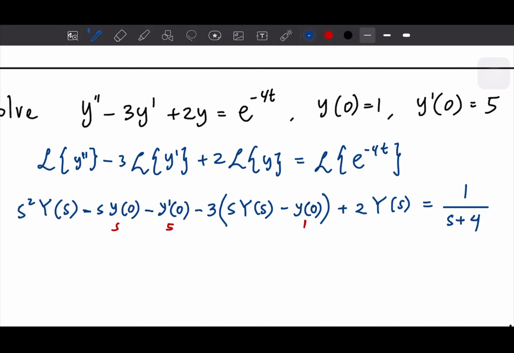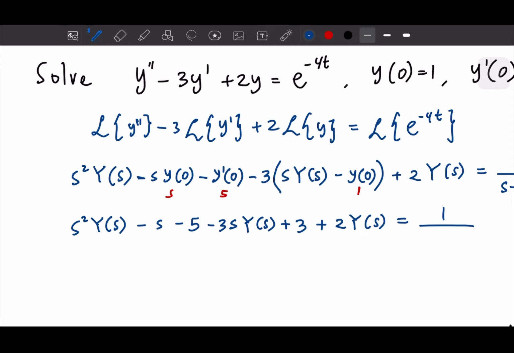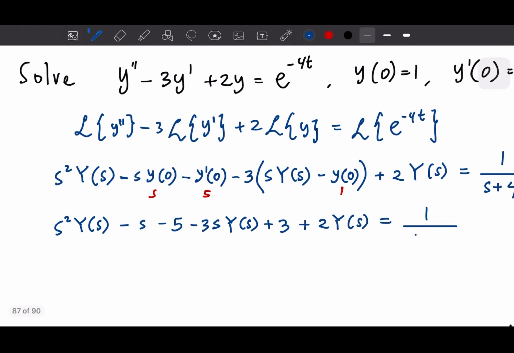So let's just write s squared capital Y(s) minus s minus 5 minus 3 s Y(s), and then plus 3. And then plus 2 capital Y(s), and then equal 1 over s plus 4.